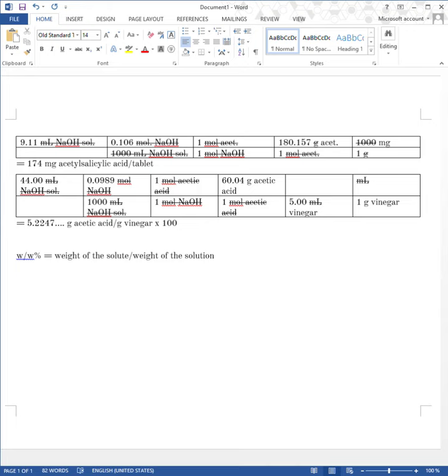Go ahead and multiply that by 100 because we want a percent. Or I'm sorry, excuse me, it's going to be 0.052247, whatever. Multiply that by 100 to give us our percent, so 5.225%. And why do I say 0.25? Well, we have 4 sig figs.